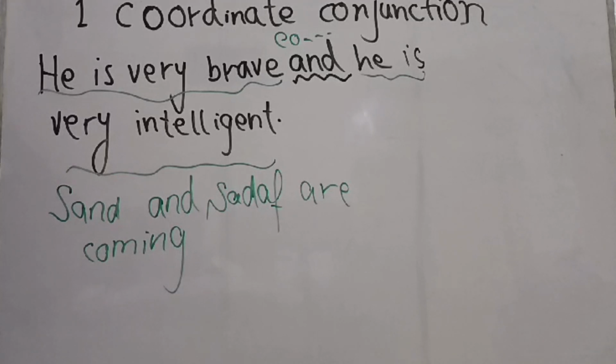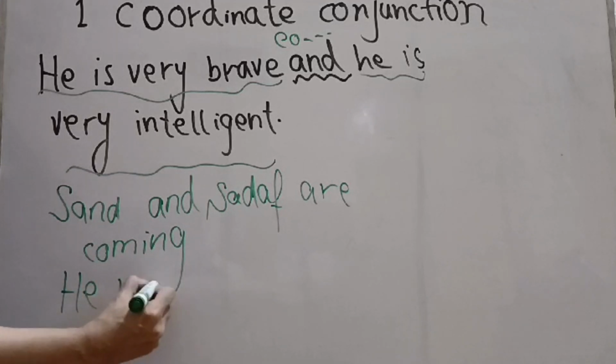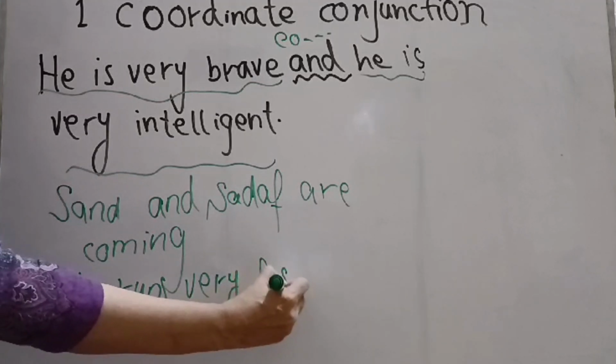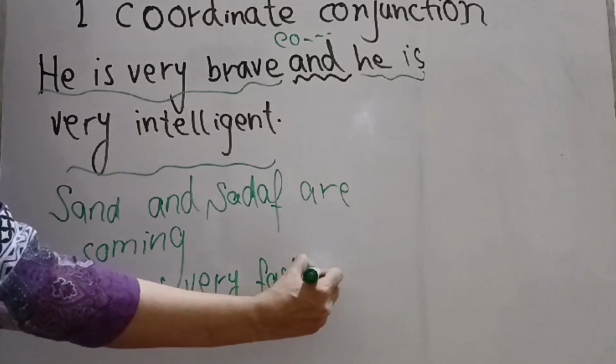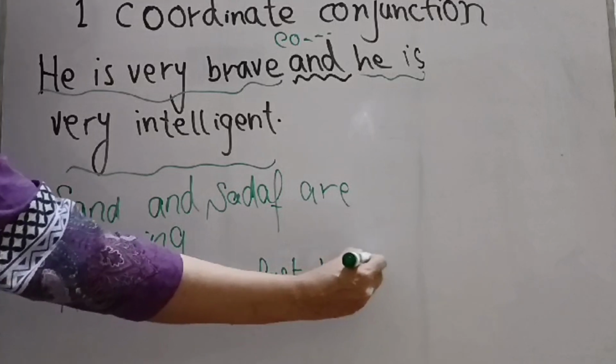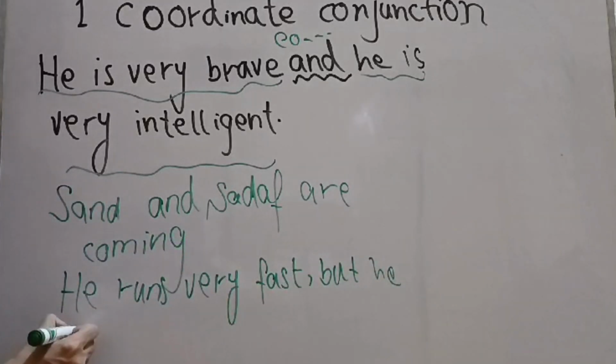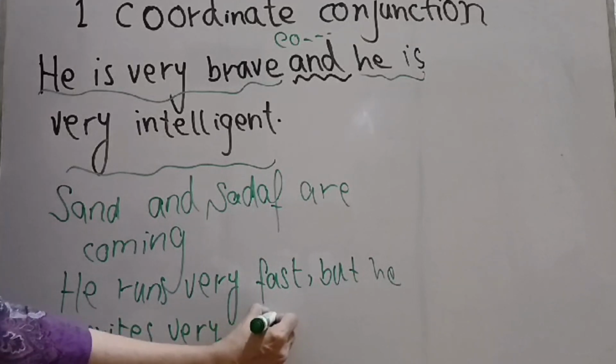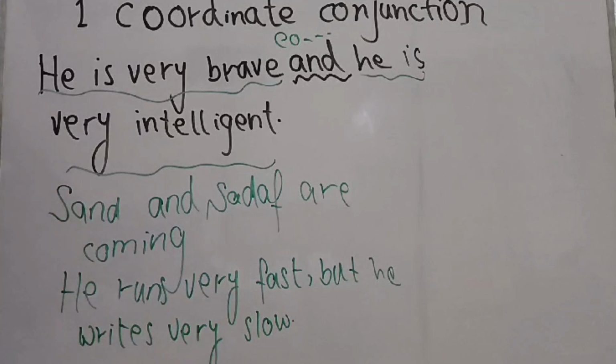If I say, he runs very fast but he writes very slow. "He runs very fast" is one independent clause.